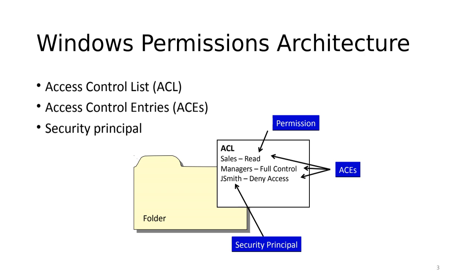Sales read is an entry, an access control entry. Read is the type of permission. John Smith is the security principal the action applies to. So these are all entries.